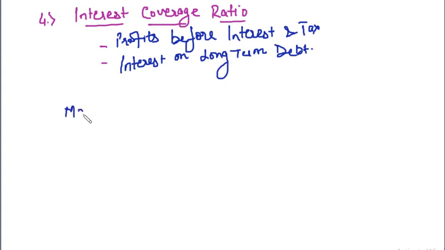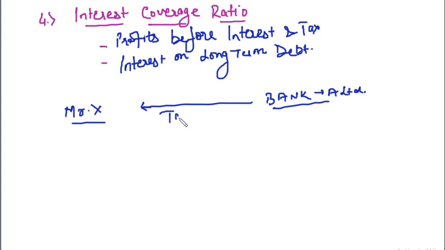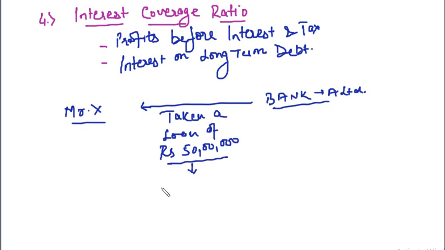We'll take an example. Say there is Mr. X, right? And there is a Bank A Limited. Now Mr. X has taken a loan of say rupees 50 lakhs. Mr. X has taken a loan of rupees 50 lakhs from Bank A Limited, right? So Mr. X, on the repayment of this loan, will have to pay two things.